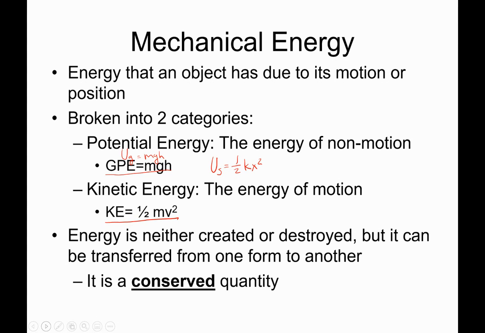So energy is neither created nor destroyed, but it can be transferred from one form to another. It is a conserved quantity, and that was something that we looked at in our last video. It is very important for you to understand that sometimes that energy can be transferred into something like heat or light.